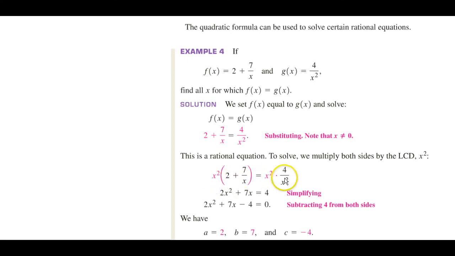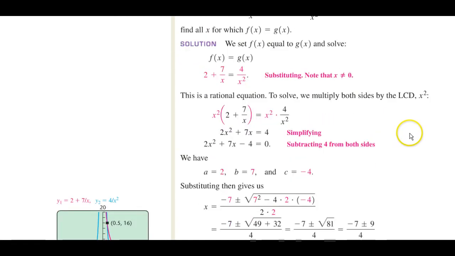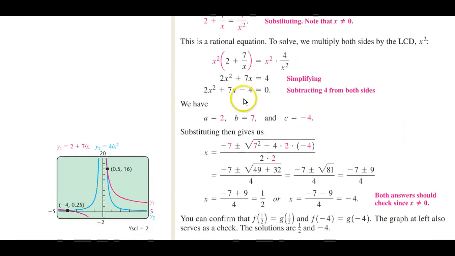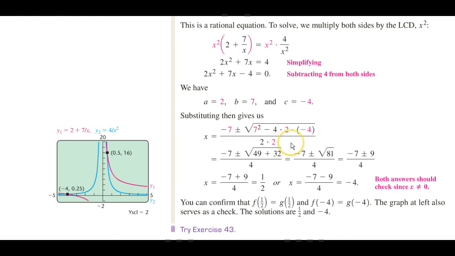You get rid of all the fractions, put it in standard form, and again, this might be factorable. And it looks like it is as I look down at the solution. But they're asking you to use the quadratic formula to solve it.